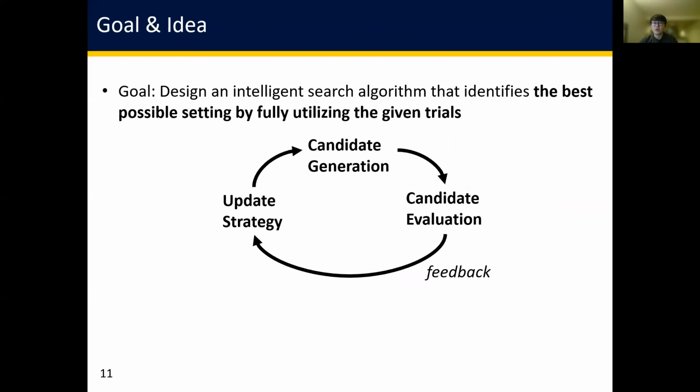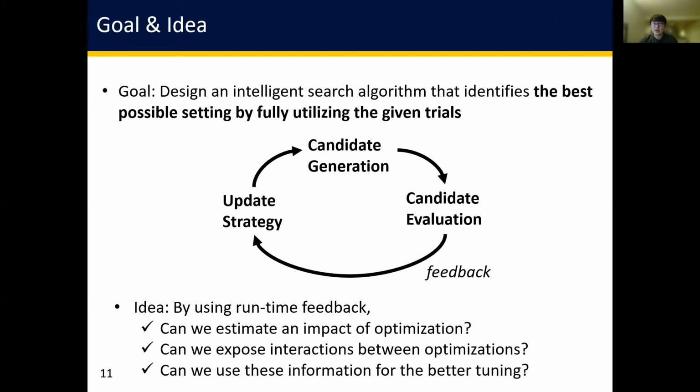Therefore, we want to design a smart pure search strategy that can customize the effective setting within the given tuning budget. In this work, we used the predefined phase order that each compiler provides by default. In general, tuning is a feedback-directed search that repeats the following 3 steps: generation of promising candidates, candidate evaluation, and the update of the strategy.